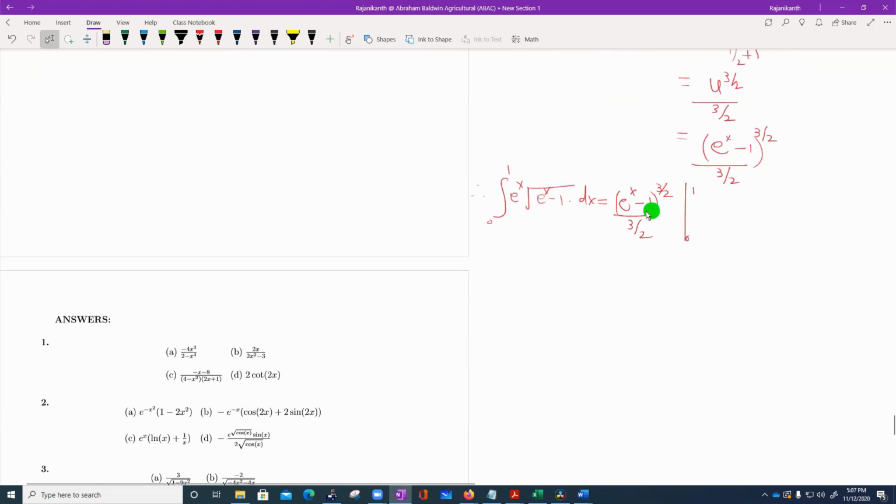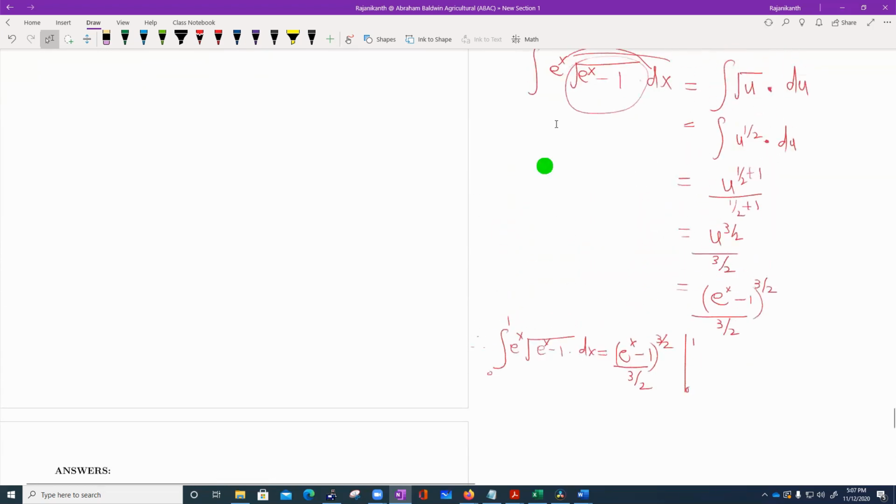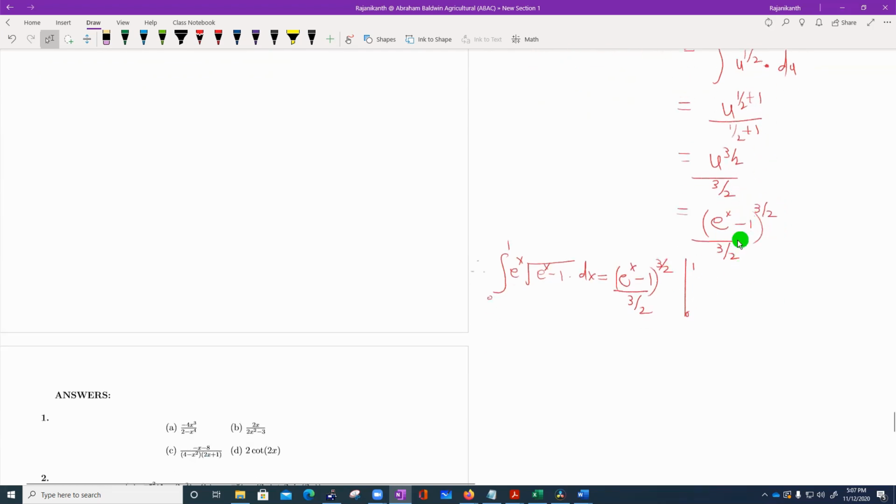In this way, you don't need to change the bounds to the new variable, because I did not use the new variable. So I'm just replacing it by my old variable and putting in all the bounds. Now you have some algebra. This is nothing but 2/3 if you flip the fraction.